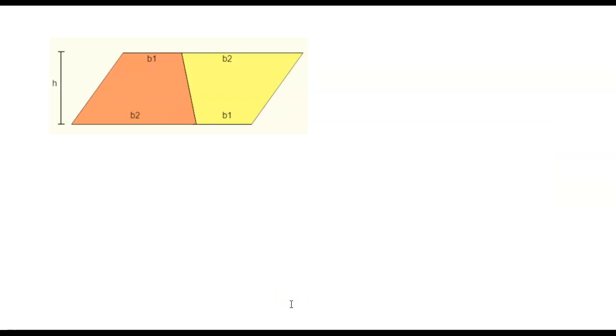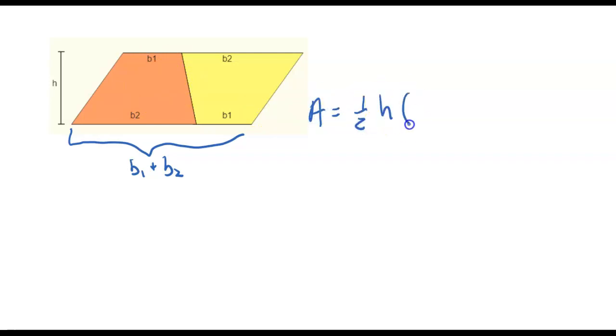So this height times this total base, which is B1 plus B2, is the area of the parallelogram. Well, the area of the trapezoid is exactly half the parallelogram. So the area is 1/2 the height times B1 plus B2. So I thought that's a pretty cool little visual proof.